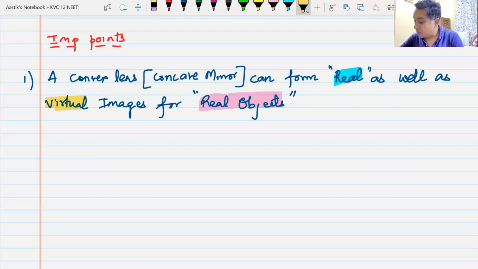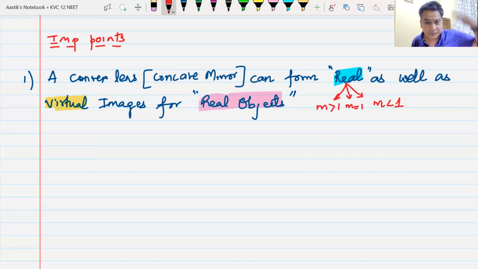Now, remember, I'm just going to note it down here. If the image is real, it can have magnification greater than 1. It can have magnification equal to 1. It can also have magnification less than 1. When the object is beyond 2f or beyond the center of curvature, the magnification is less than 1.